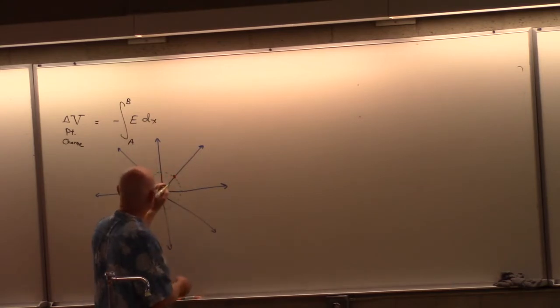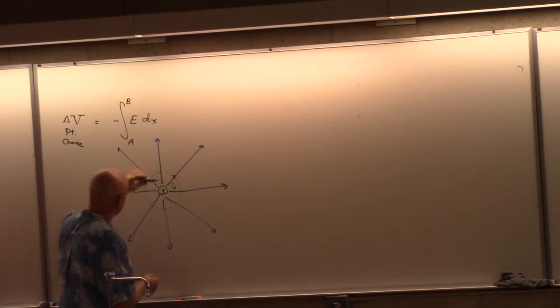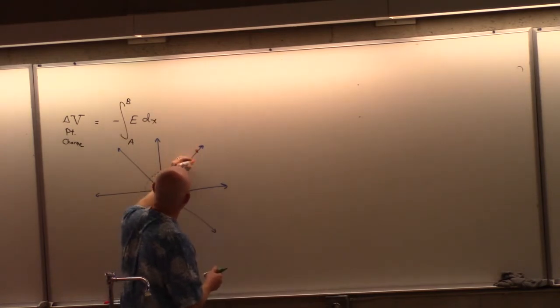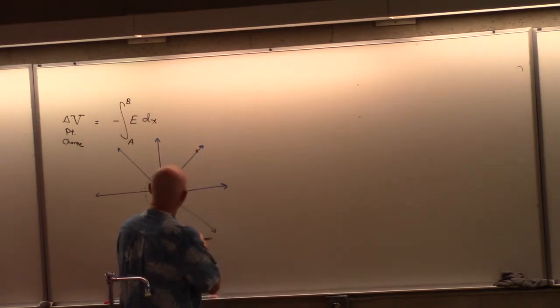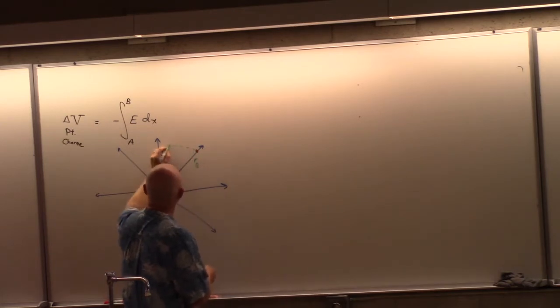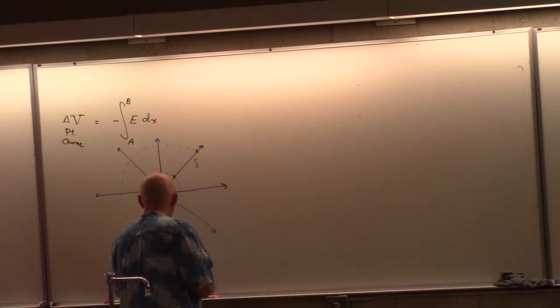And so this is R A, so I'll start at A, and I'll move out here to B. So I'll call this R B. And so let's make another circle.